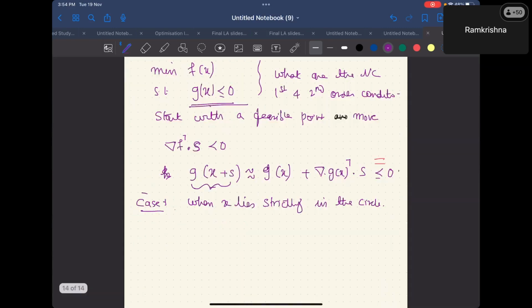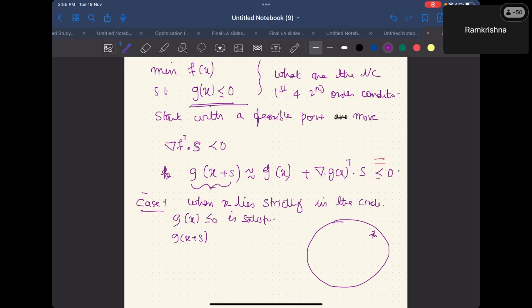If I take a circle and I start strictly inside, not on the boundary, then in any direction I go, g of x less than or equal to 0 is satisfied, whenever s is small enough, so g of x plus s is fine.